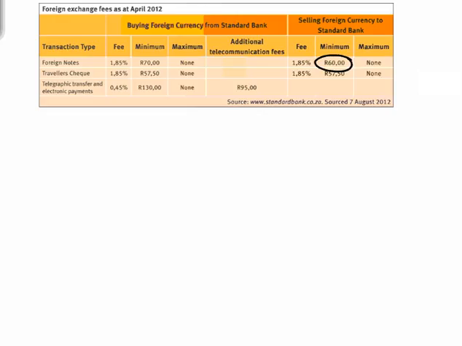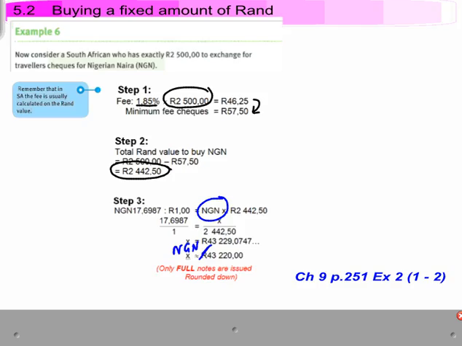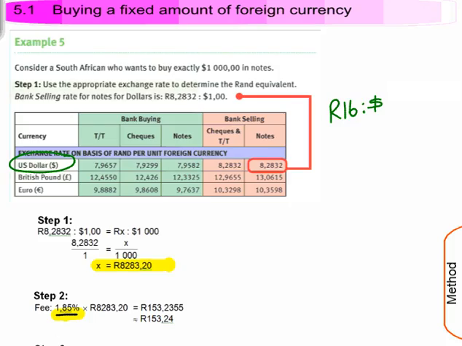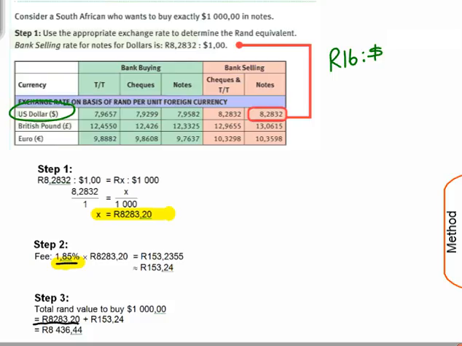Okay, so I'm going to add 153.24, which was the maximum. And then those $1,000 with the fee will cost me 8,436.44. So in essence, if I leave the country and I get $1,000, I go overseas and I don't spend a cent of that.